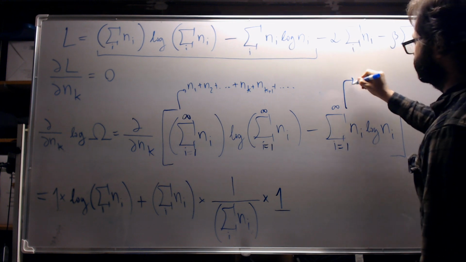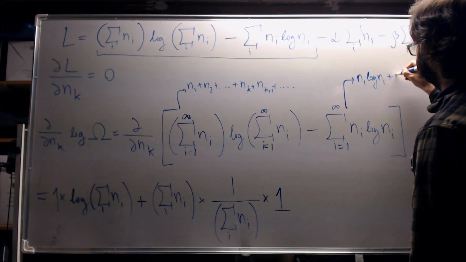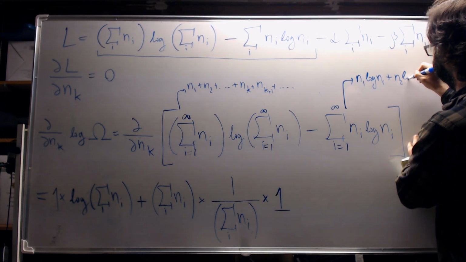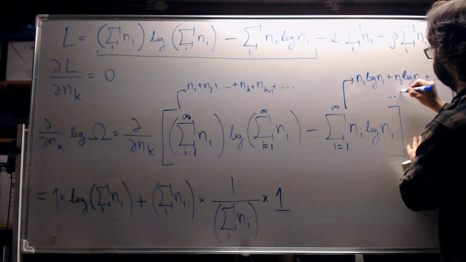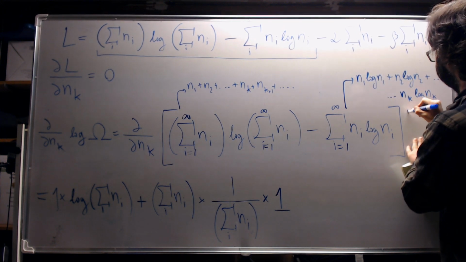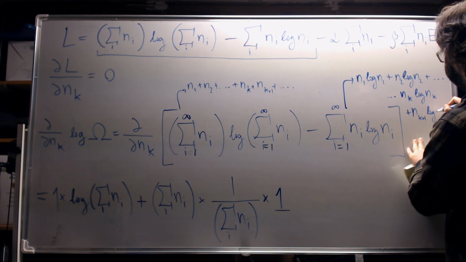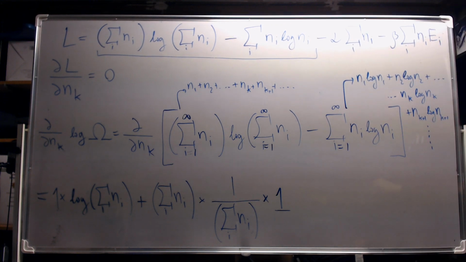This term looks like n1 log n1 plus n2 log n2 plus and so on, n sub k log n sub k plus n sub k plus 1 times log of n sub k plus 1, and so on.